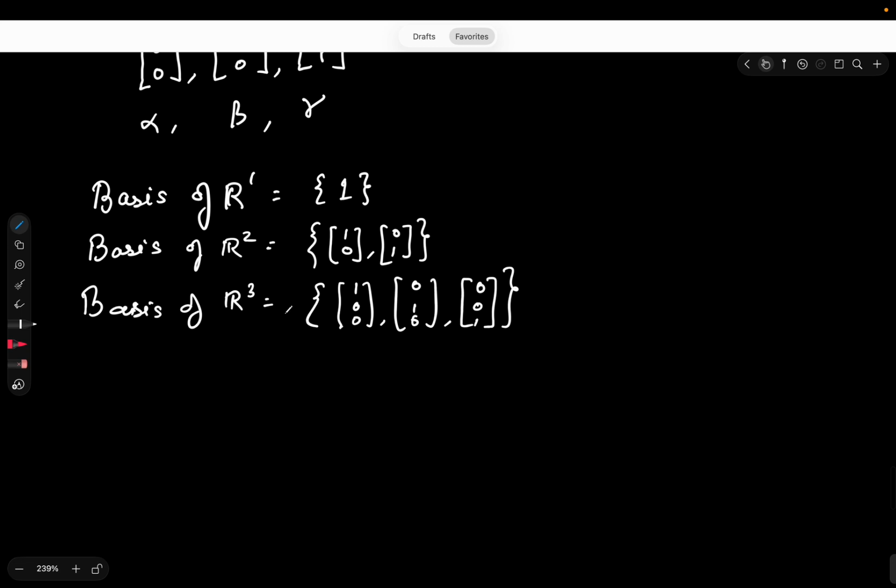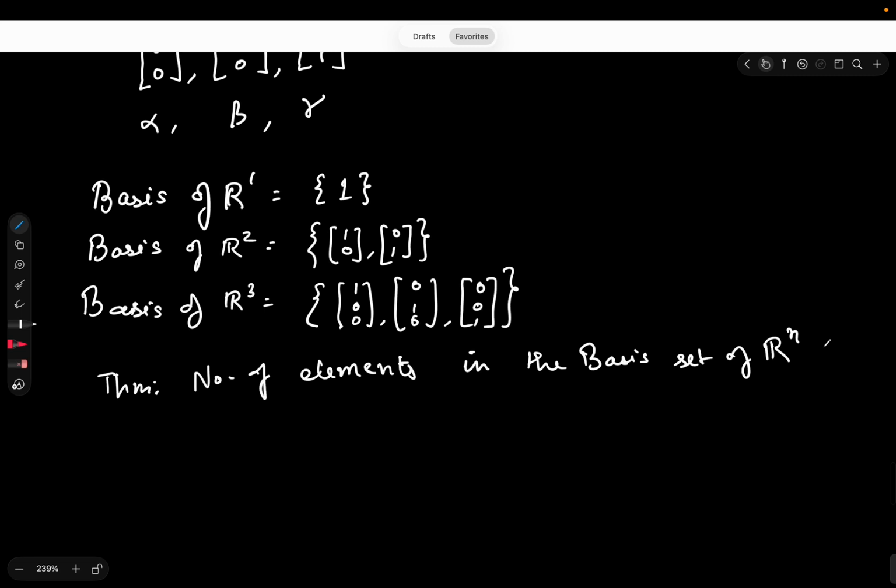For the basis in R3 the number of elements is 3. So this is a theorem that the number of elements in the basis set of Rn is always equal to n.